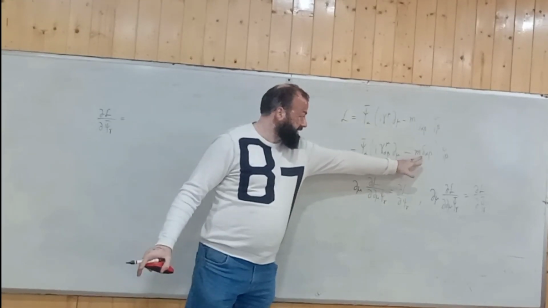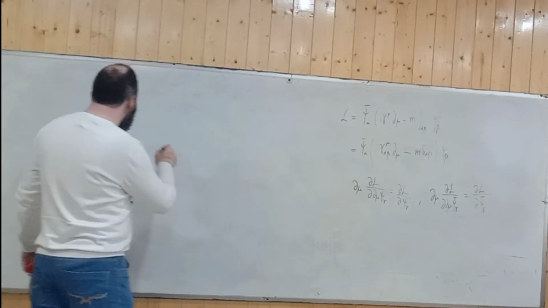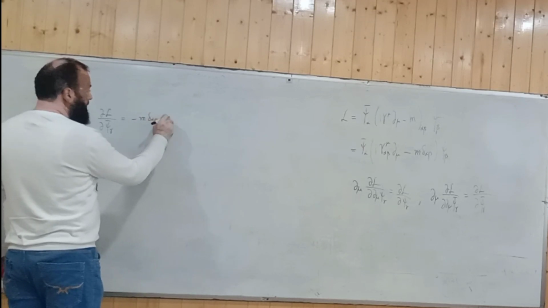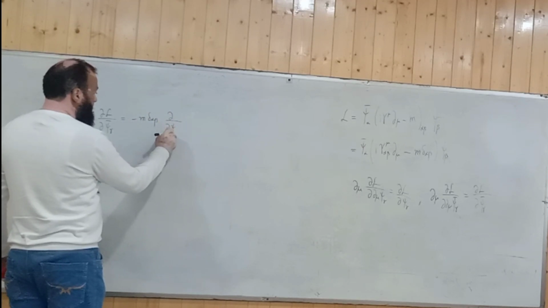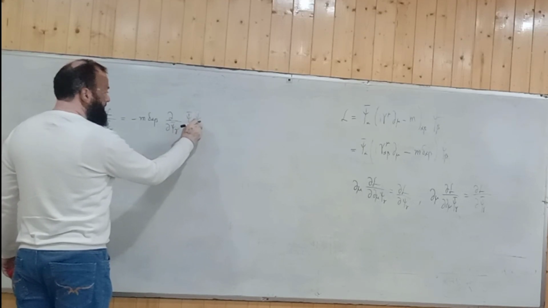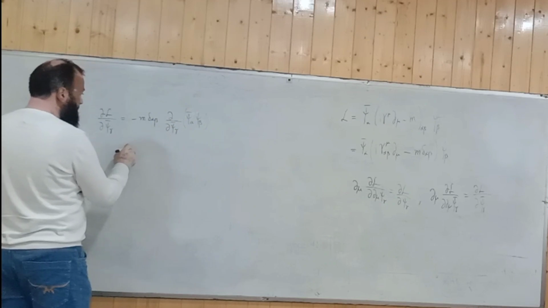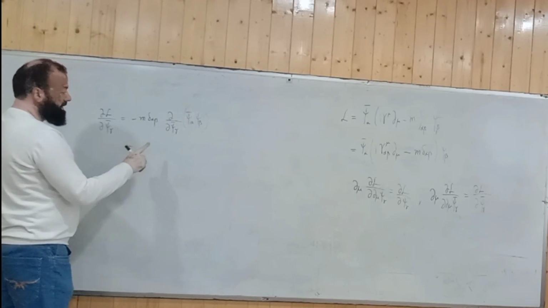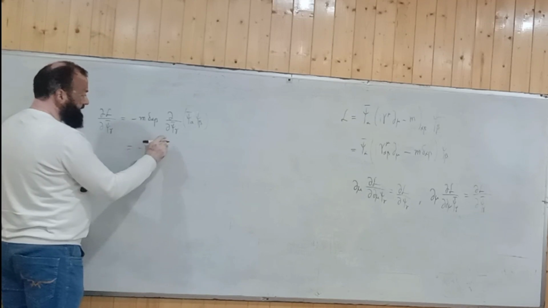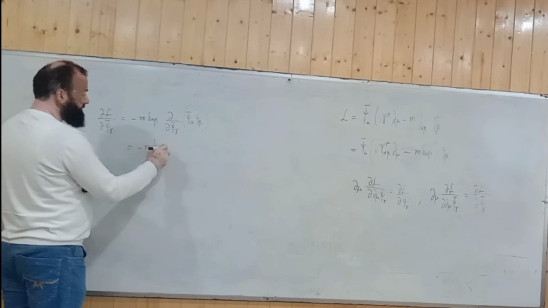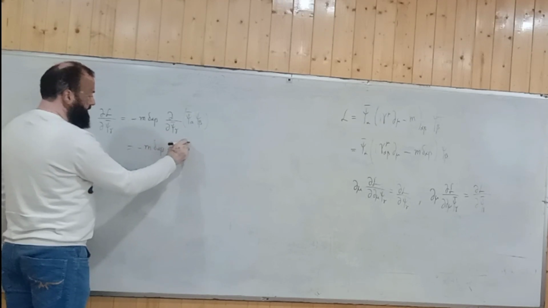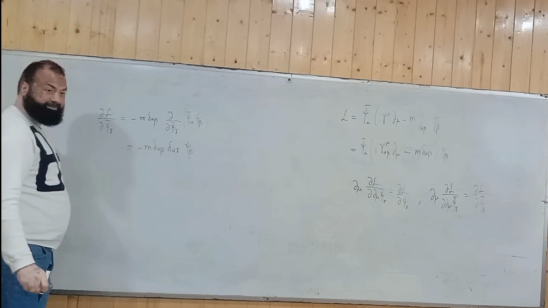This contains only psi bar, so it's minus m delta alpha beta, partial by partial psi bar gamma of psi bar alpha psi beta. Differentiating gives delta alpha gamma, so you have psi beta.